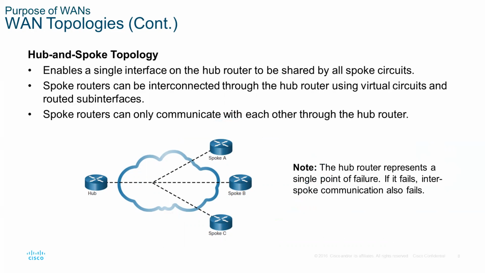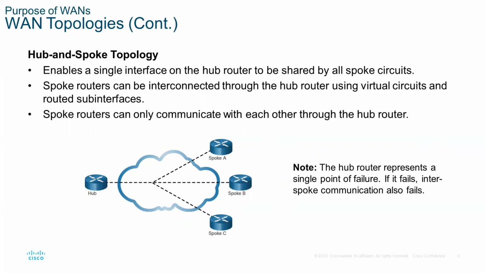Hub and spoke is where we split the service through the service provider and go in multiple directions. This is done using multiple types of technologies and different protocols.